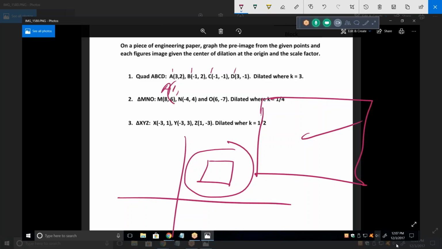1 and then 0.5, or... Leave it as a ratio. You're dividing each one by 3. You see how I got that? 1 comma 2/3? Yeah. Okay.